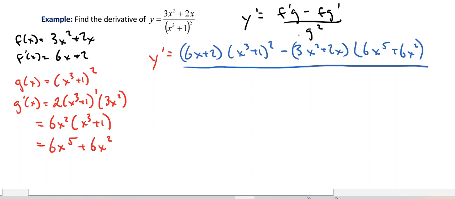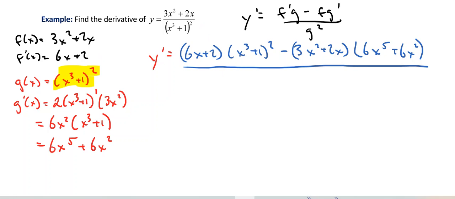So we're taking g, which is this quantity squared, and we're squaring it. So what we end up with is (x cubed plus 1) to the 4th power.